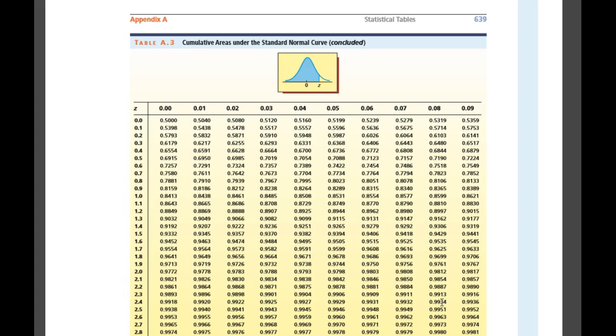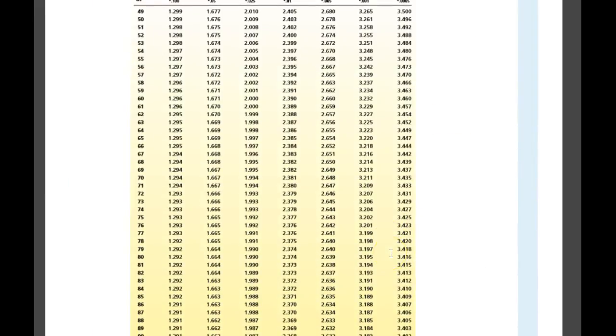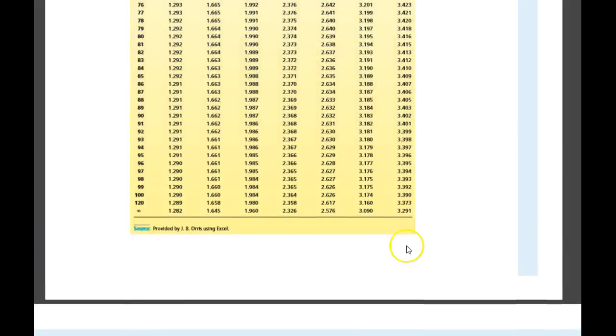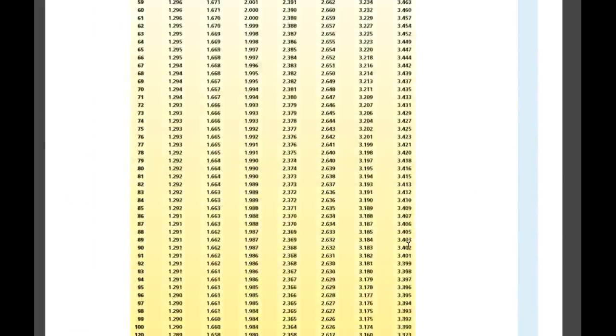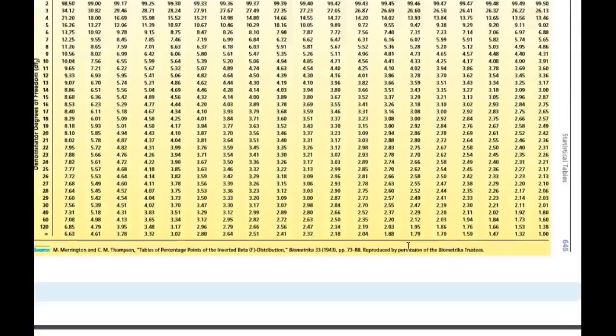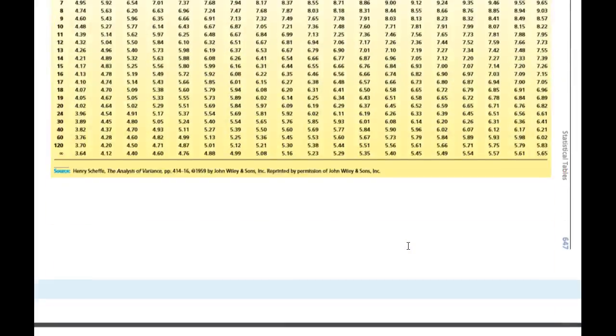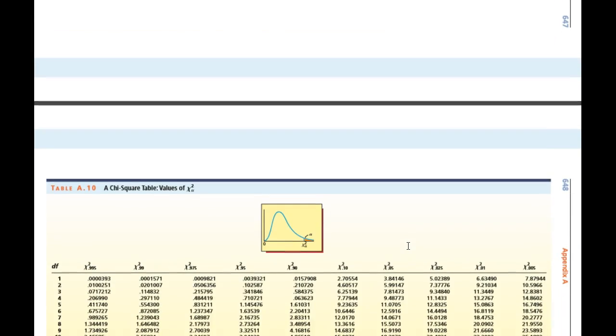So we go to our table, we go to the chi-squared table. Nope, that's the F table. Oh, I was going to say, where the heck is the chi-squared table?